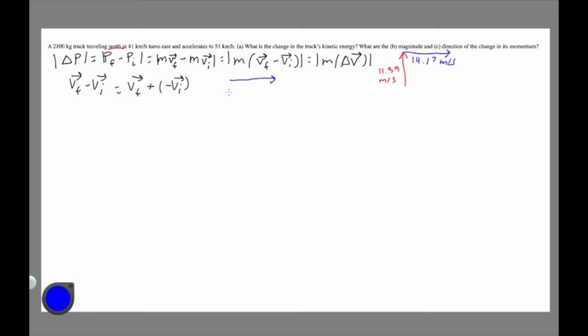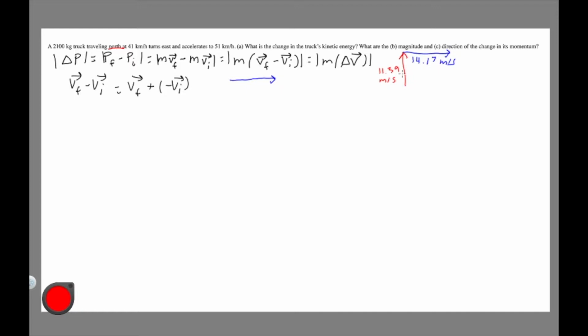And now let's draw negative VI, which is VI in the opposite direction. So instead of pointing upward, we want to point it downwards.